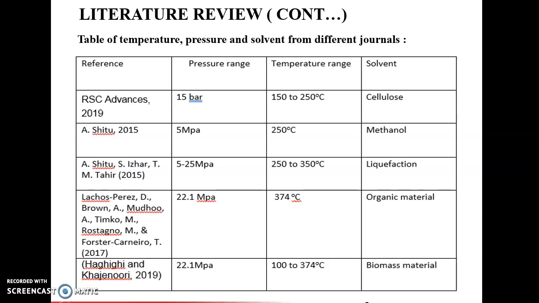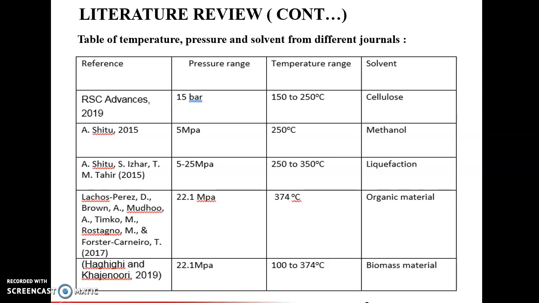Thirdly, the pressure is from 5 to 25 MPa, and the temperature is from 250 to 350 degrees Celsius, and the solvent is liquefaction.